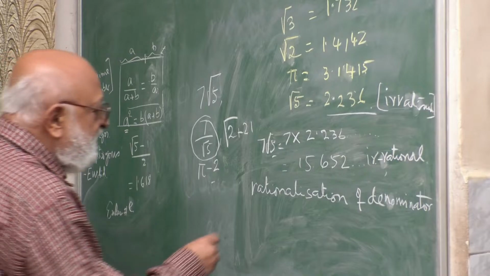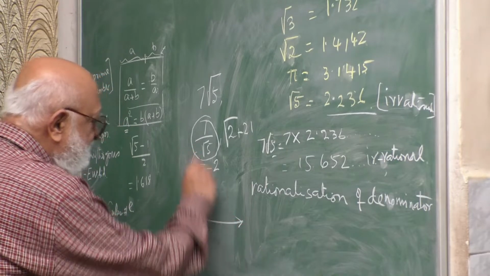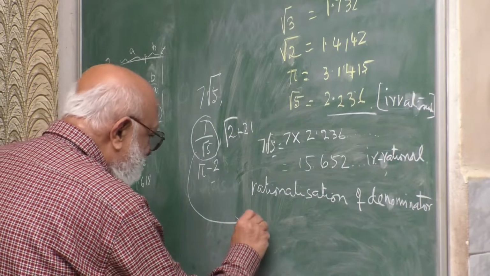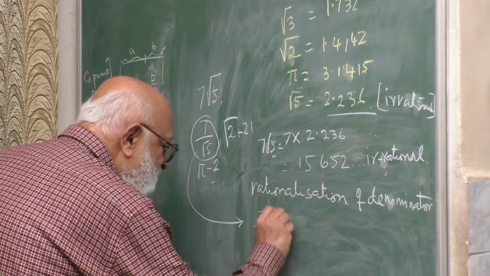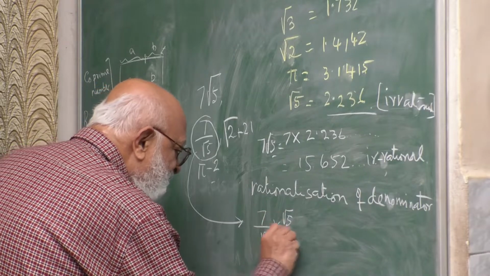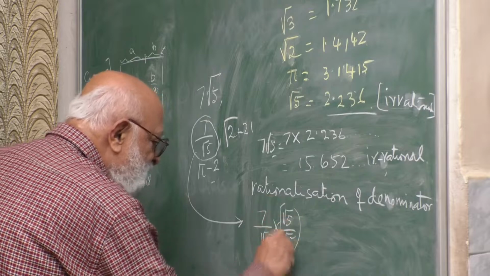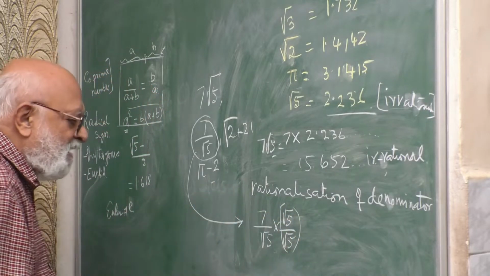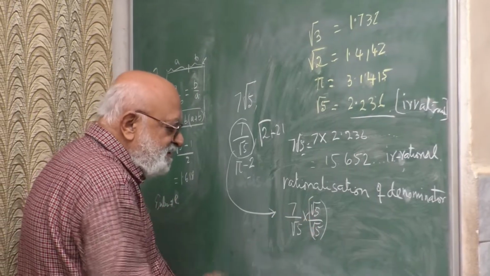Because this will be very difficult to have on the number line. So I will multiply both sides. 7 by root of 5, again I will multiply by root of 5 divided by root of 5. These two are the same. So multiplying the denominator and the numerator by the same number does not change the value.